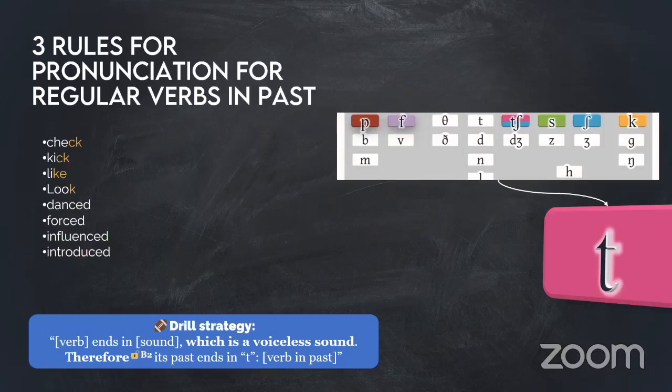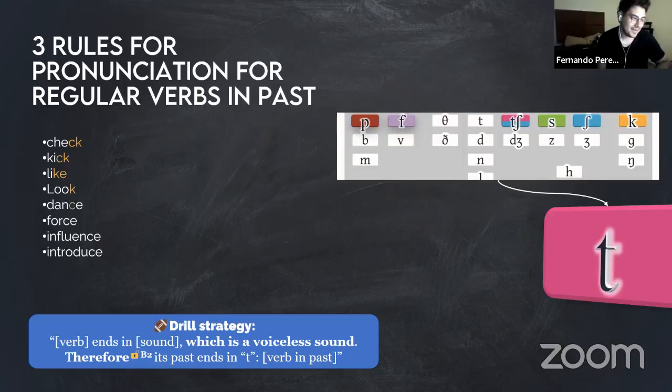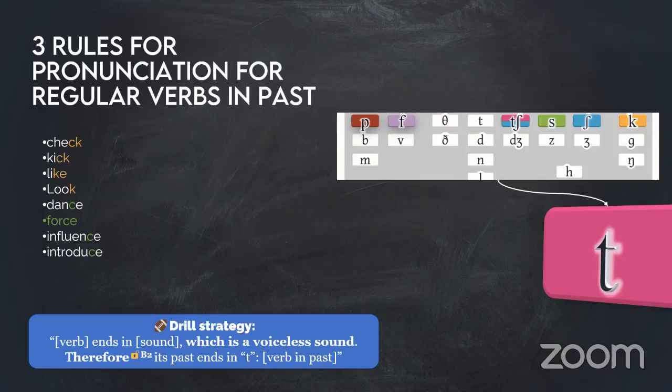Dance ends in E? No. We are not talking about the alphabet. Oh, yes. We are talking about sounds. Dance ends in E? It's not an E. This is not the alphabet. Well, C, yes, but again, we are not talking about the alphabet.